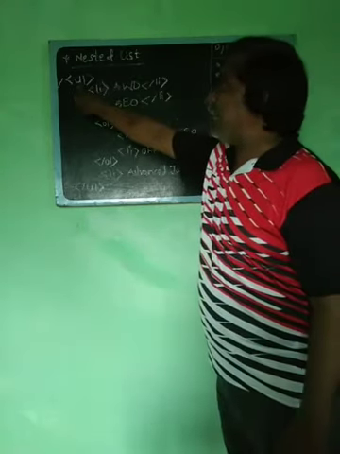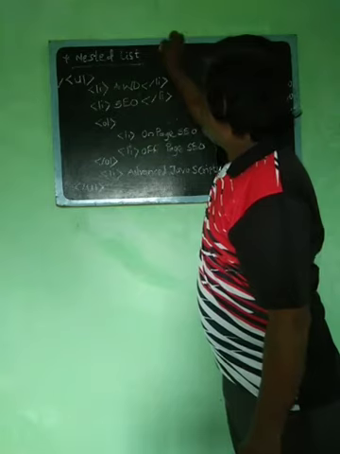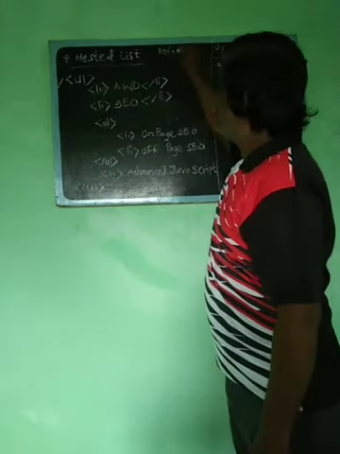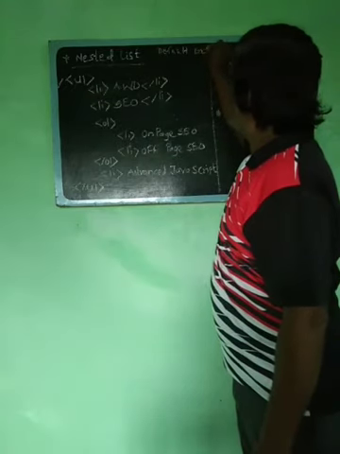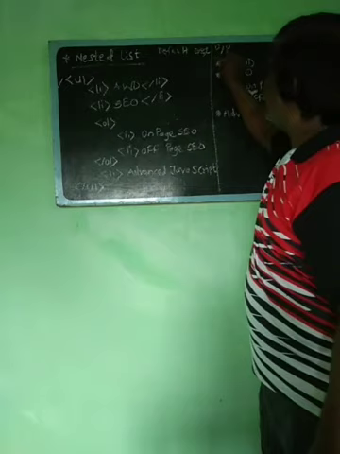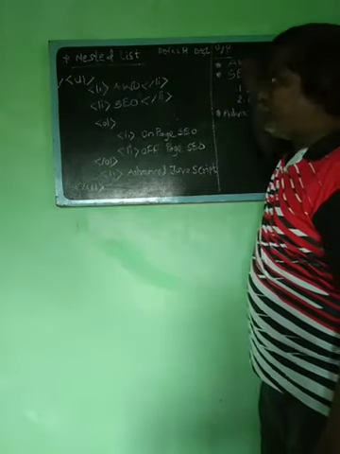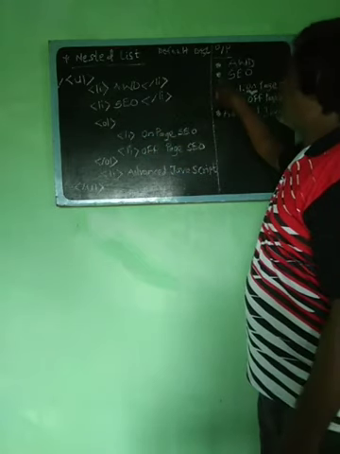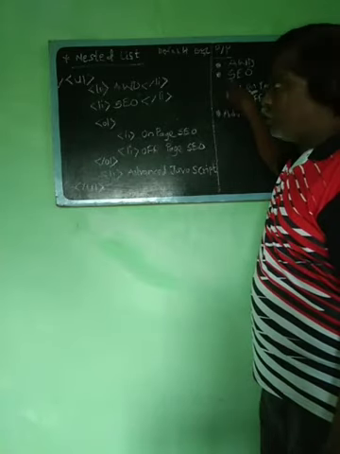Here we are not using a type attribute for the UL tag, and we know that the default value for UL is disc. So here we get solid circles for AWD. Second, SEO will also have the disc shape.